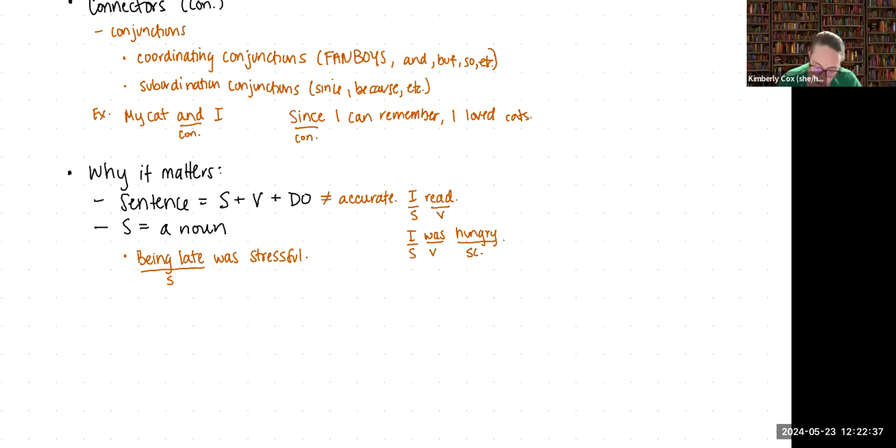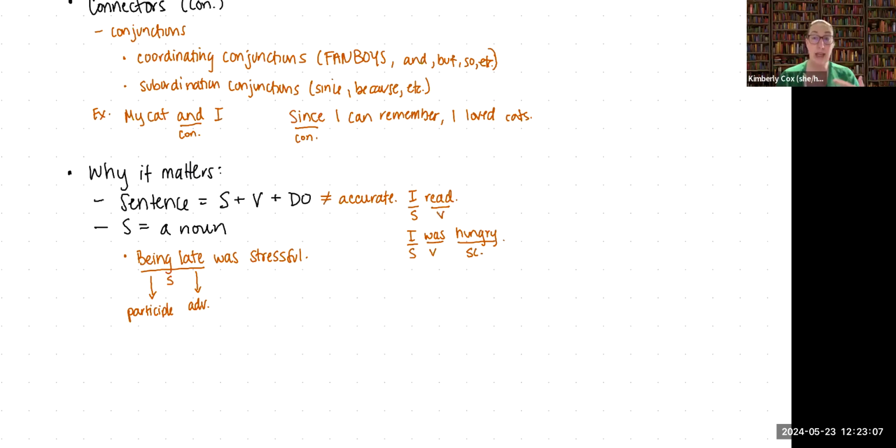Being is what is called a participle, which is a form of a verb, right? And late is an adverb. It's telling you when something is going on, right? That means that this subject right here is not a noun. It's not something simple and straightforward like the tiger. It is important for you to be aware of the fact that not all subjects are nouns.